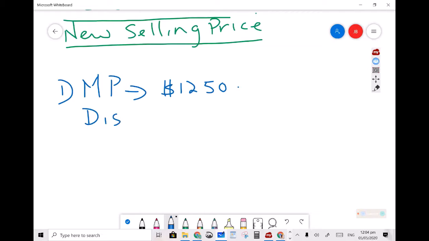Our discount percent, again we're using abbreviations, discount percent would be 20%, and we are going to calculate our new selling price.